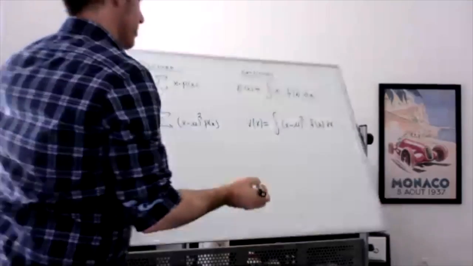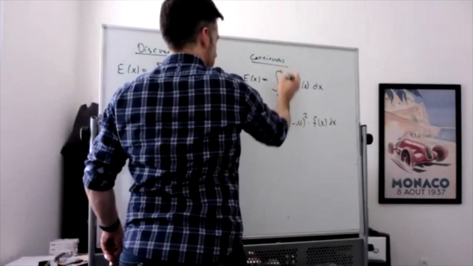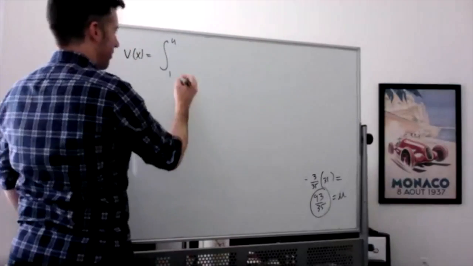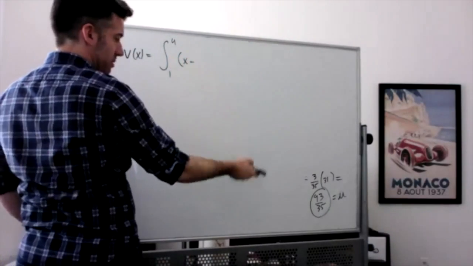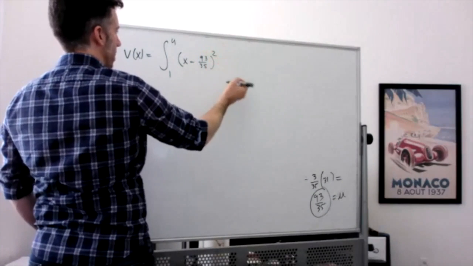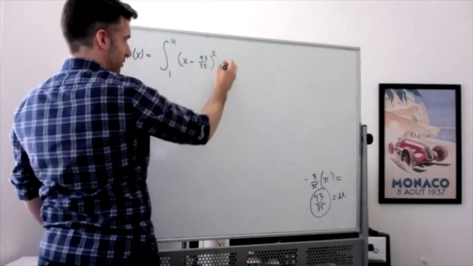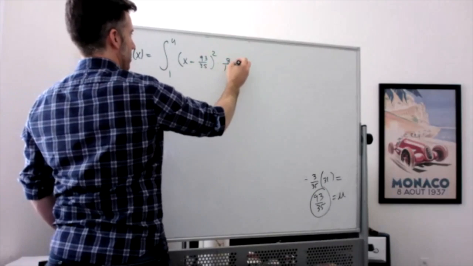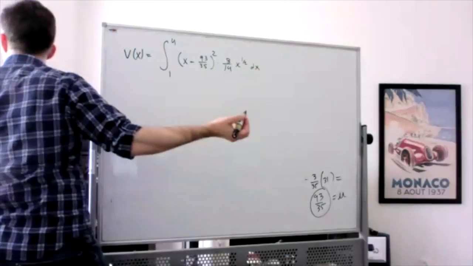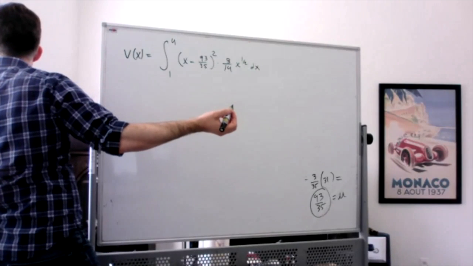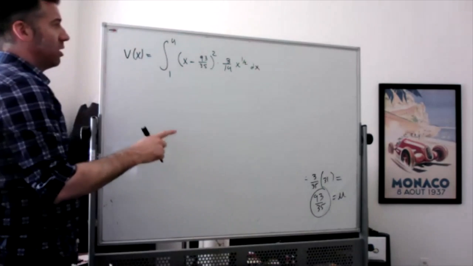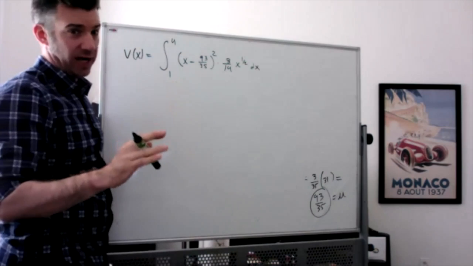I should probably have some a's and b's here, but for this particular example, it's the integral from 1 to 4 of x minus the mean, squared, times your probability density function, which was f of x, which was 3/14 times x to the 1/2.